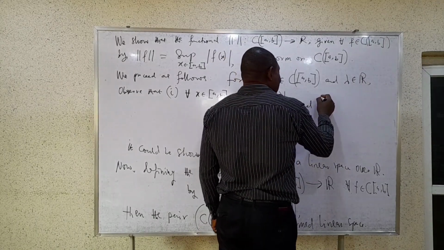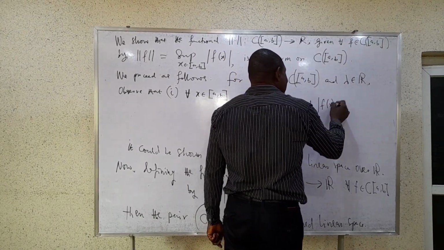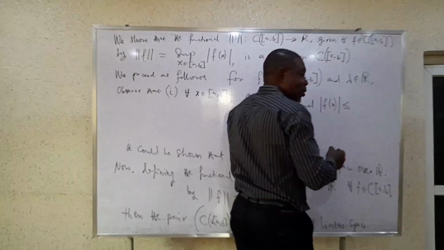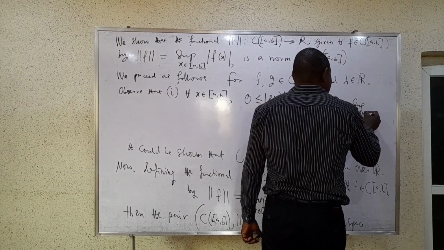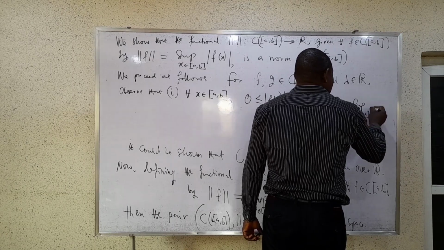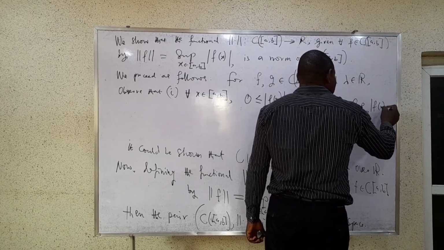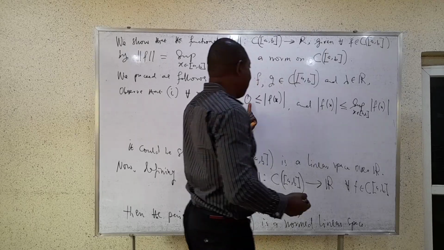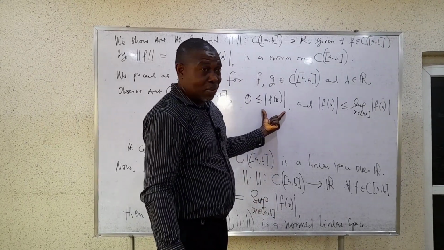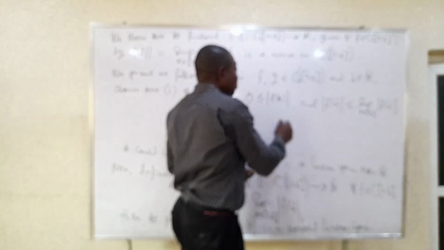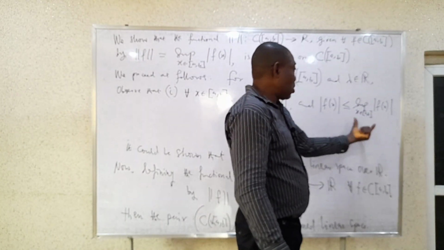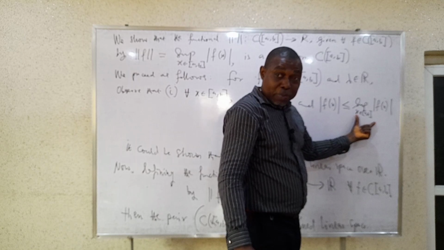And then the absolute value of f(x) is less than or equal to the supremum over x in [a,b] of the absolute value of f(x). This is always true because of the property of the absolute value, and also this is true because of the property of the supremum.